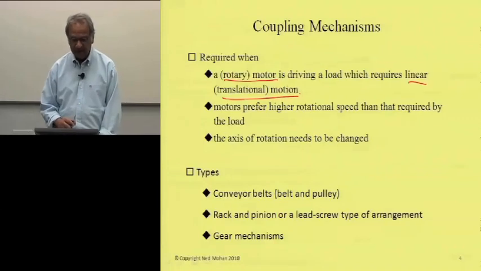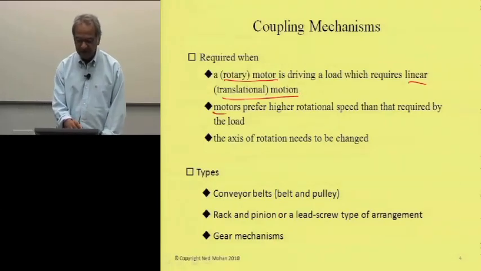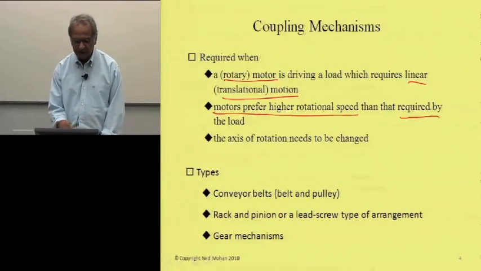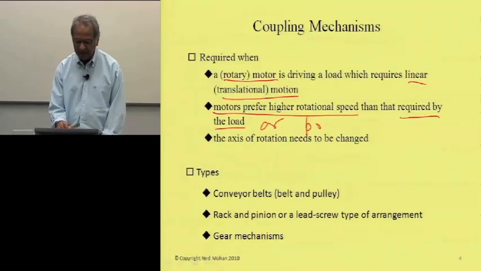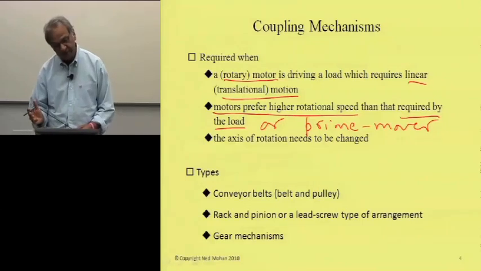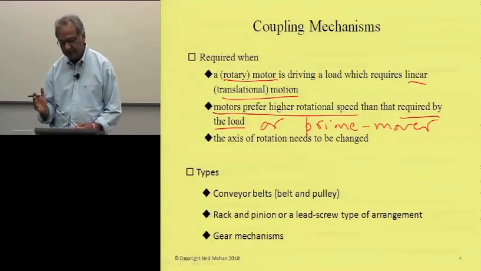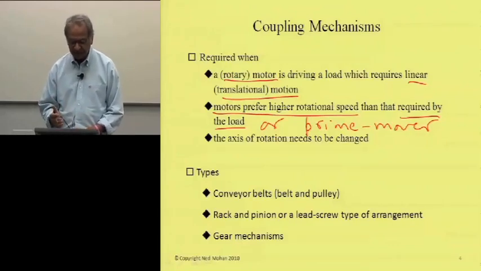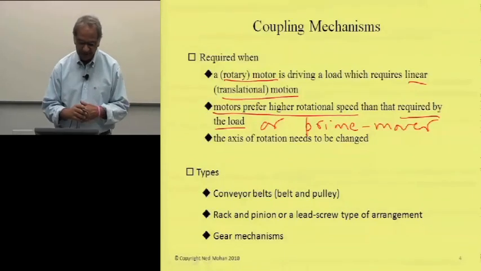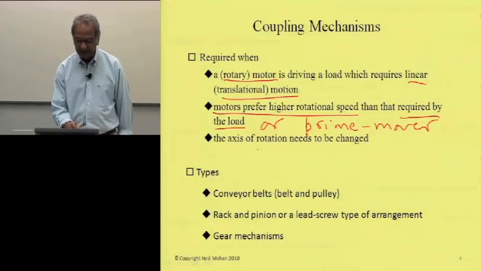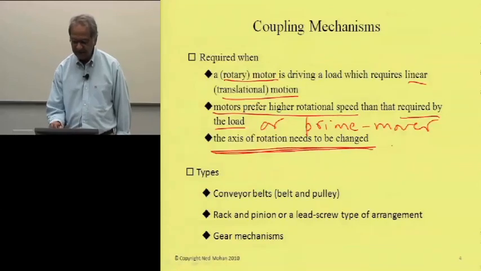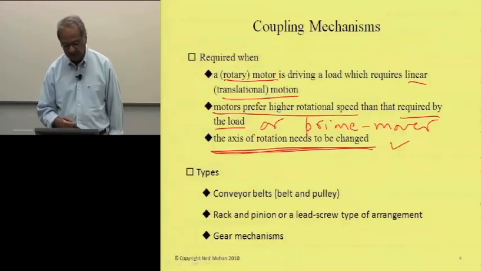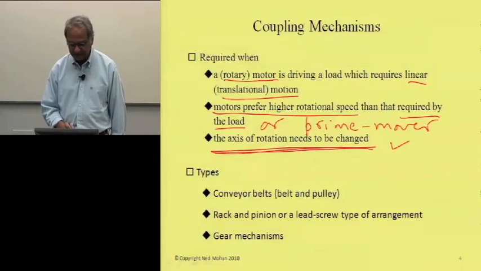Very often, the motor prefers a higher rotational speed than required by the load, or here I could add a prime mover and give the example of a wind turbine, where the blades are turning at a much slower speed compared to the generator, so we need a gearbox in the middle. Similarly, if the axis of rotation needs to be changed, then we also need a coupling mechanism. So there are various types of coupling mechanisms that we'll see.